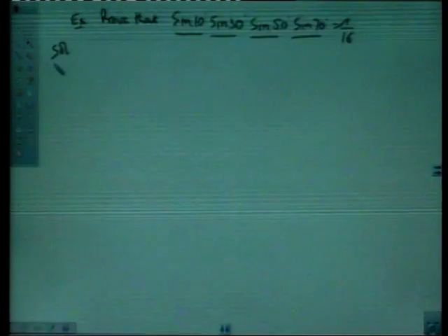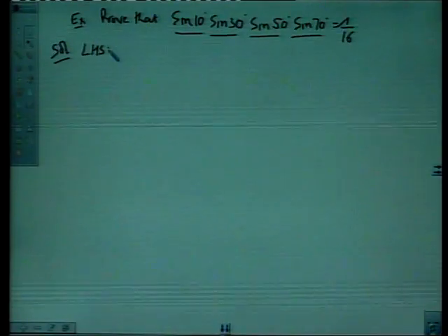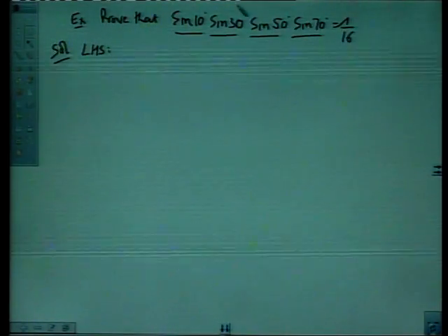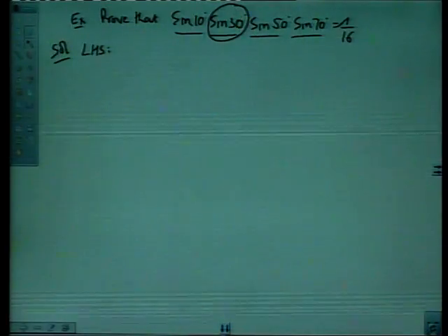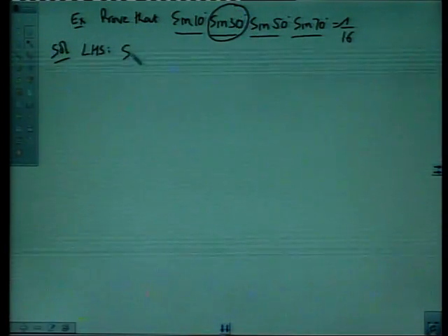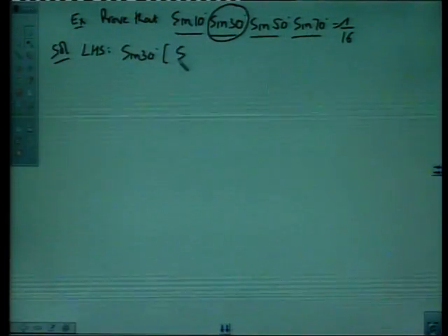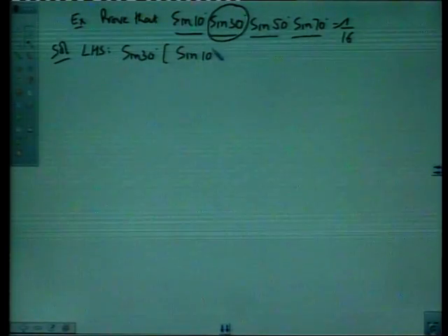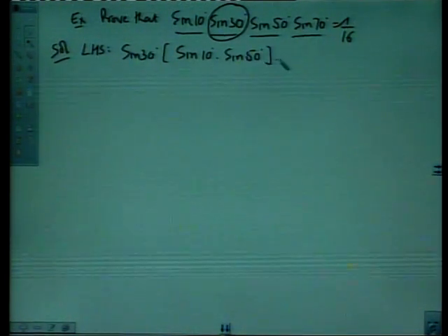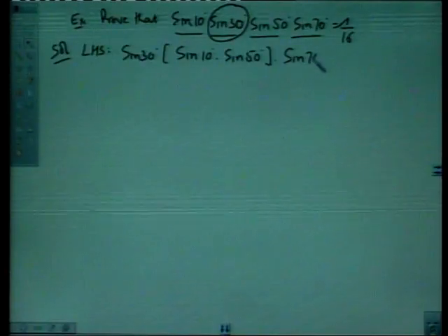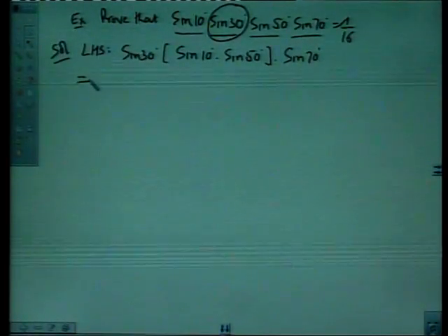So write down the solution. What is your left hand side? Listen, it is sine 30 degree into sine 10 degree into sine 50 degree into sine 70 degree. I hope you have the idea about the value of sine 30. We know that the value of sine 30 is 1 by 2.